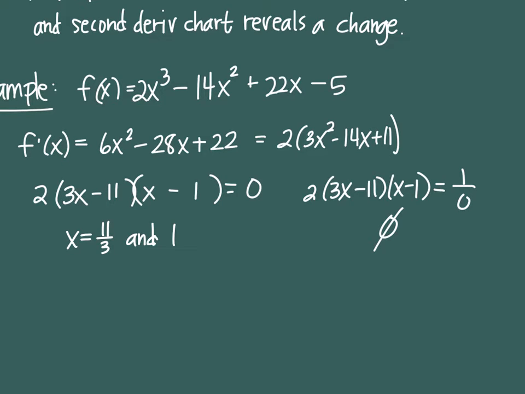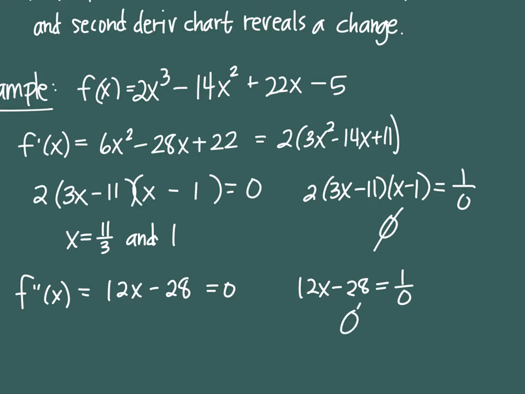Before I make my chart, I want to move on to the second one. So we're adding another layer to this function. So now we'll take the second derivative. Second derivative will be 12x minus 28. And it's pretty easy to set that equal to 0. And I should set it equal to undefined just for practice as well.